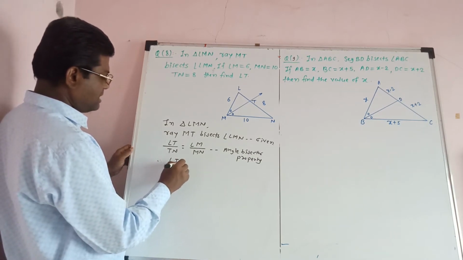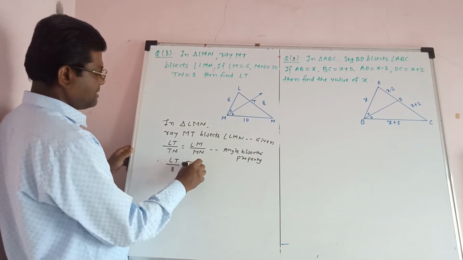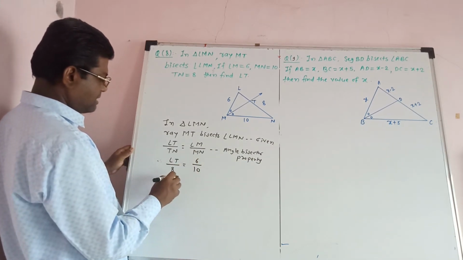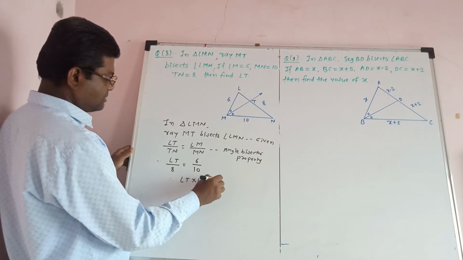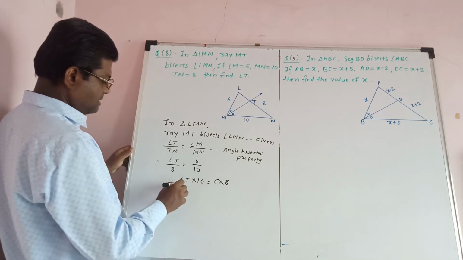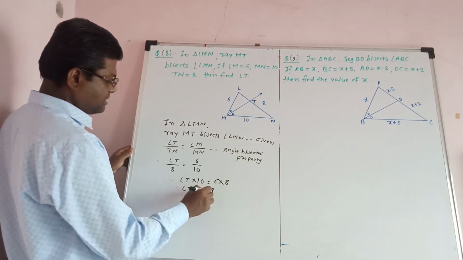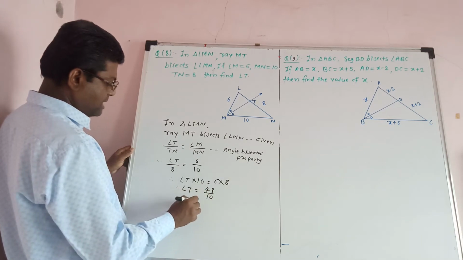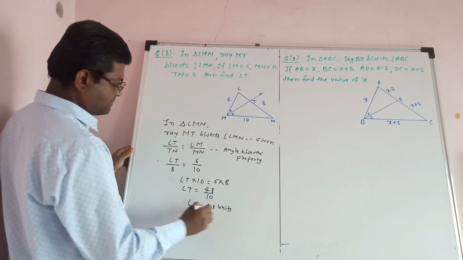LT upon TN is 8, LM 6, and MN 10. Taking cross multiplication, LT into 10 is equal to 6 into 8. Therefore, LT is equal to 6 into 8 is 48 upon 10. Therefore, LT is equal to 4.8 units.